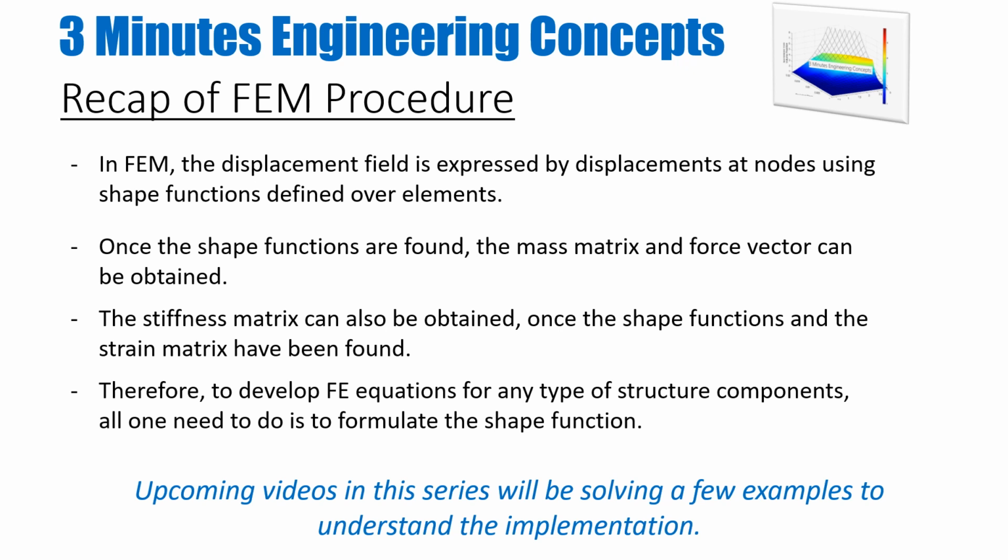Once the shape functions are found, we calculate the mass matrix and force vector. We can also obtain the stiffness matrix using shape functions, and the strain matrix can also be found using shape functions, as I told you in the previous lectures. Once we have found all these, we can formulate the FE equations for any component or structure.